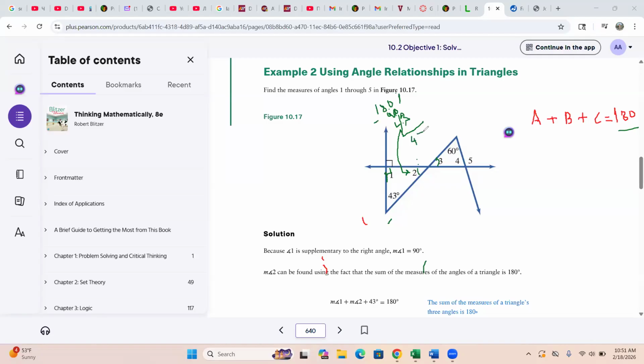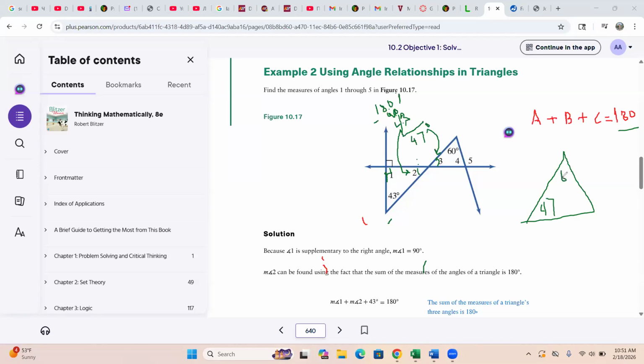So the measure of angle 2 is 47 degrees, and the same for angle 3. So there are two angles that I found during this procedure, angles 2 and 3. I can copy a bigger picture of angle 3, which is 47, and another angle in that little triangle, 60 degrees.